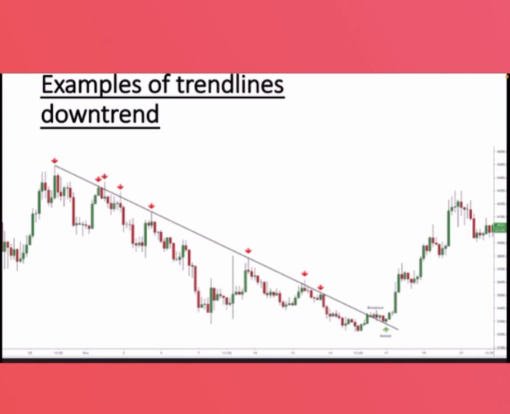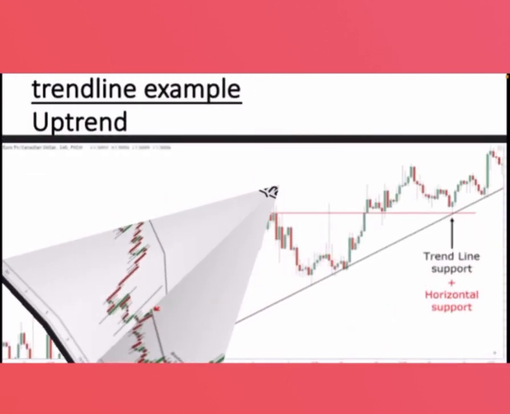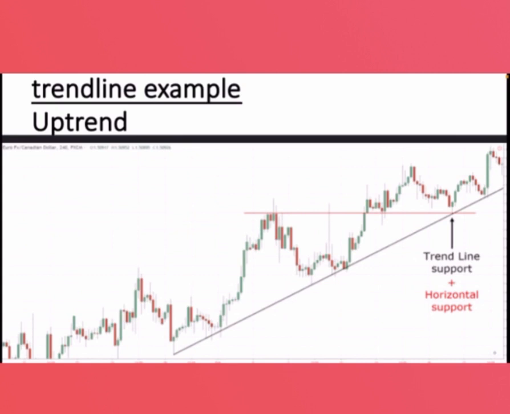This is an appropriate way to draw what? A trend line in a downtrend market. Then how do you also draw the same trend line in an uptrend market? Let's look at it pictorially. Look at how it's actually drawn. You can see the same line is being drawn, but this time around it's coming from below.